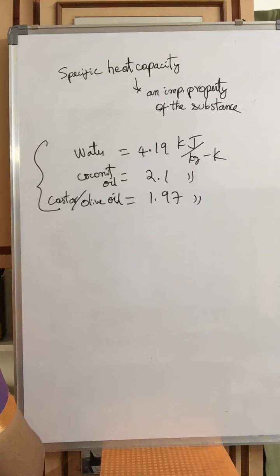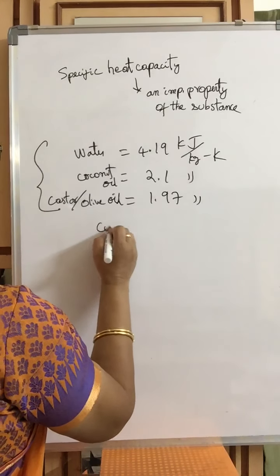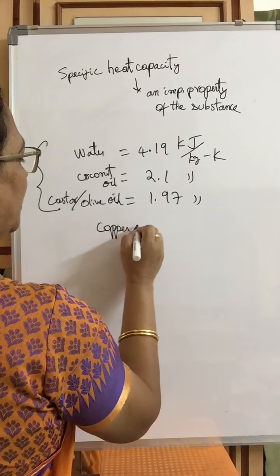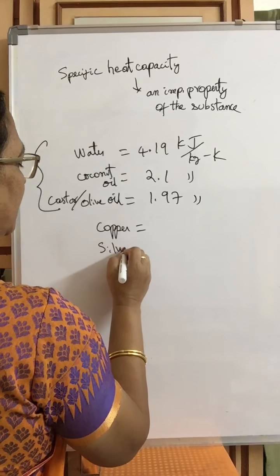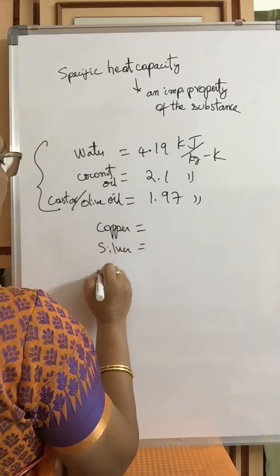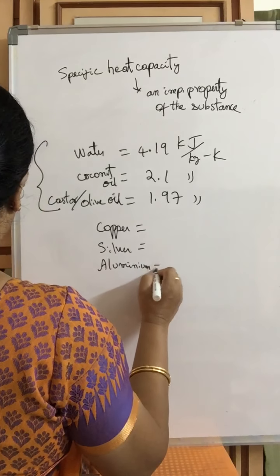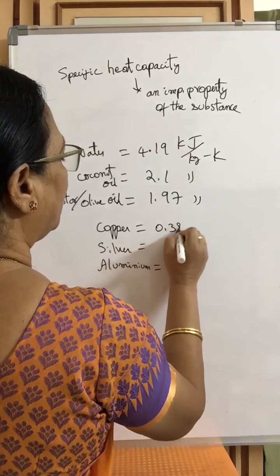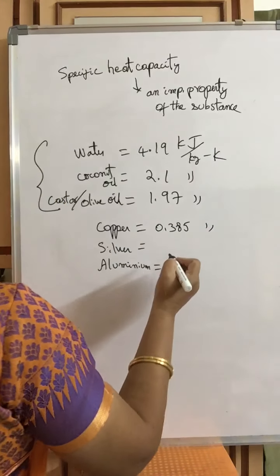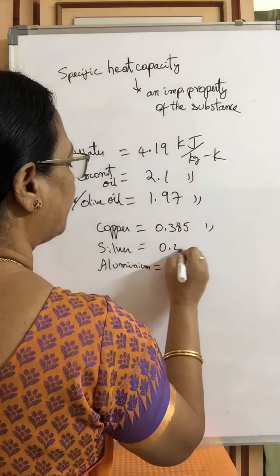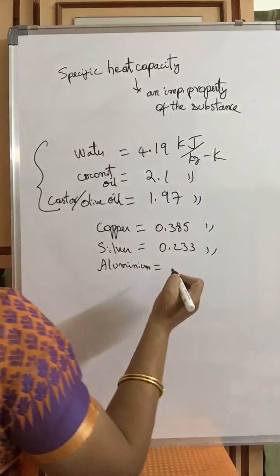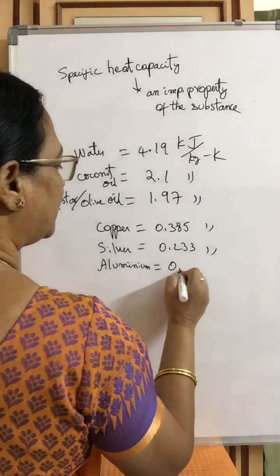For solids, take copper, silver, and aluminium: 0.385, 0.233, and 0.897.